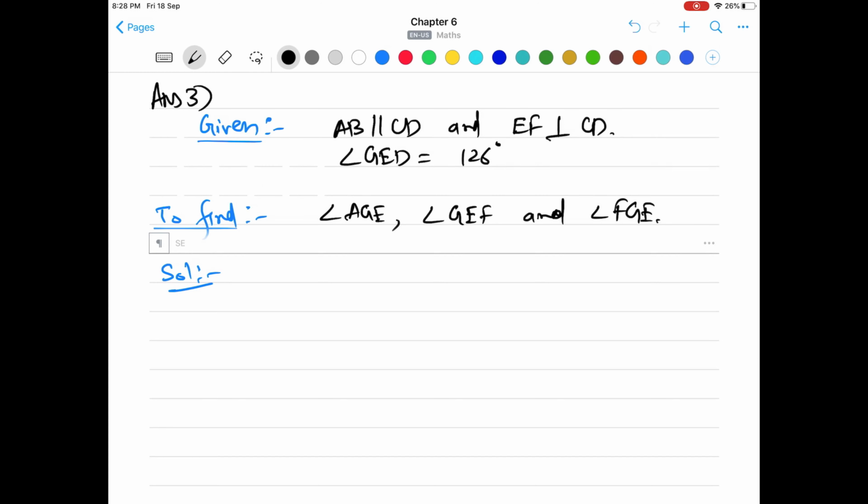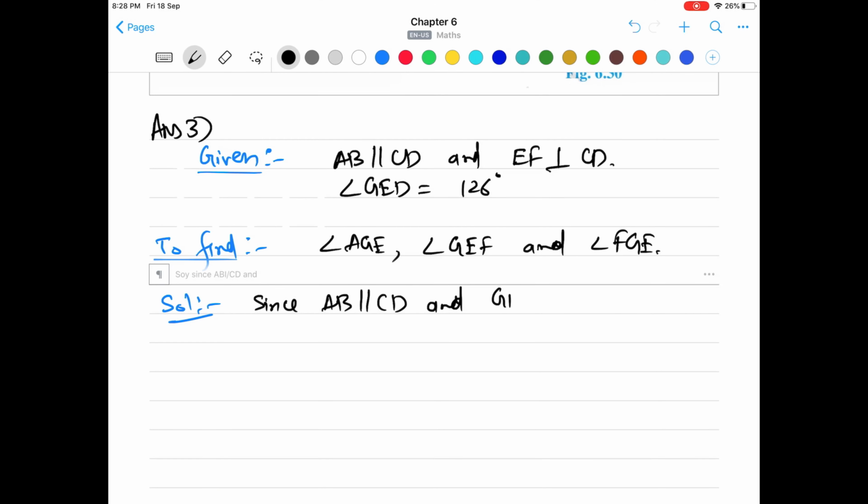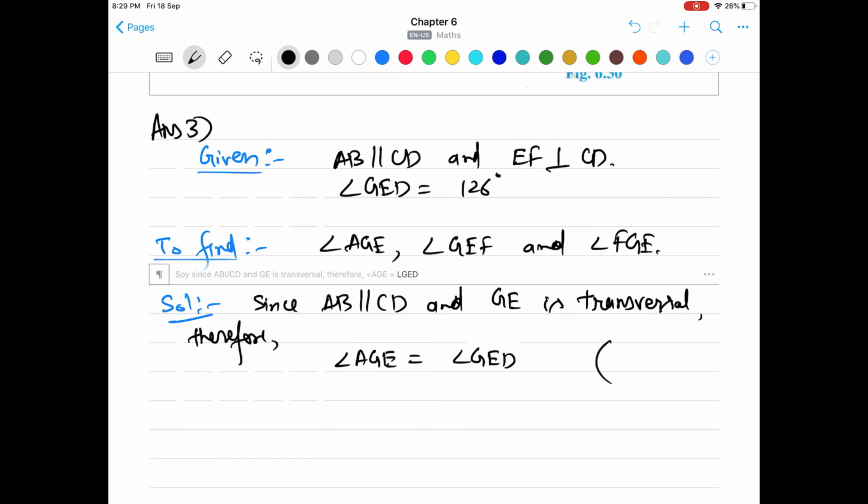So we'll write, since AB is parallel to CD and GE is a transversal, therefore angle AGE will be equal to angle GED because they are alternate interior angles, and this is by theorem 6.2, which says if the lines are parallel, then the alternate interior angles will be equal.